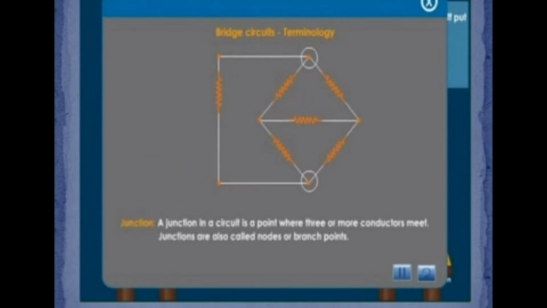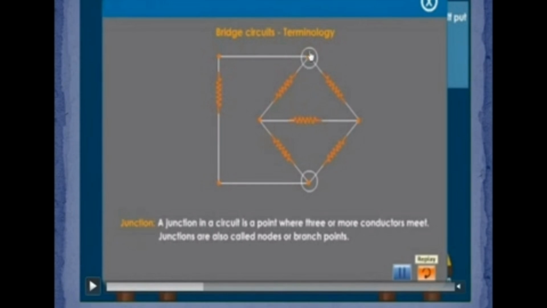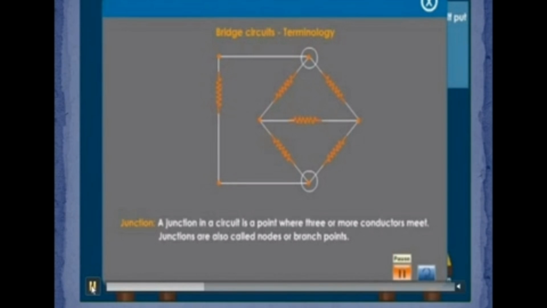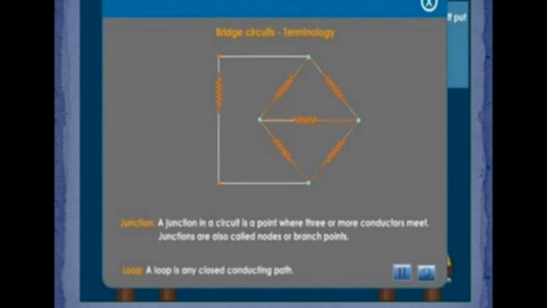A junction in a circuit is a point where three or more conductors meet. See, this is a junction: three lines are connected here, that's why it is called a junction. This is also another junction, and this is also a junction. Junctions are called nodes, or branch points. The first rule depends on this junction rule, or current rule.